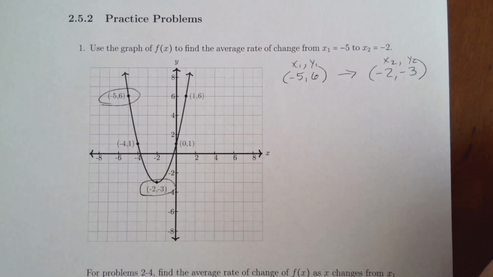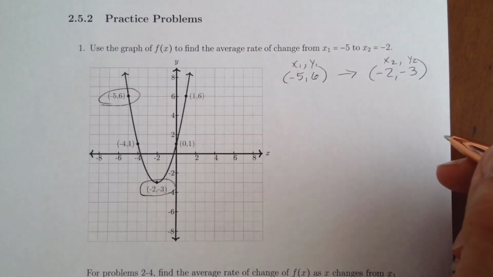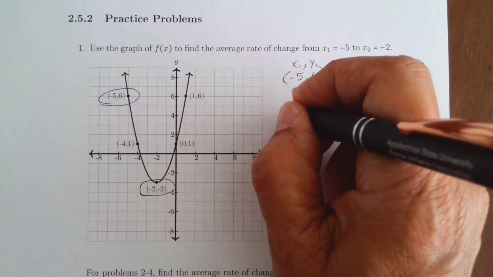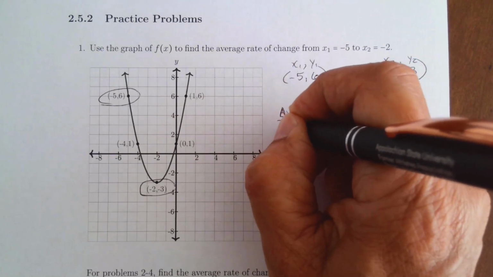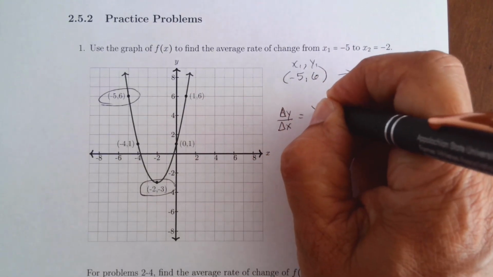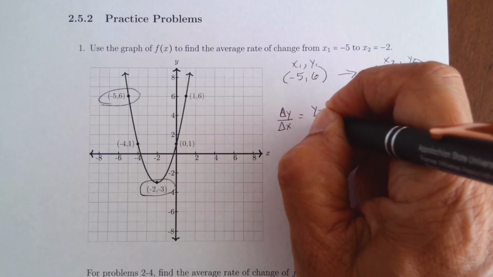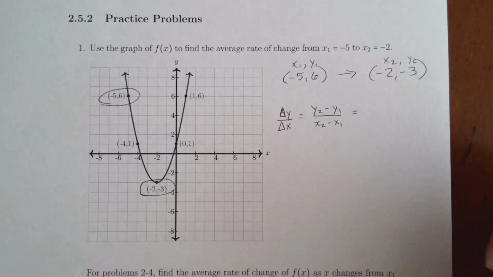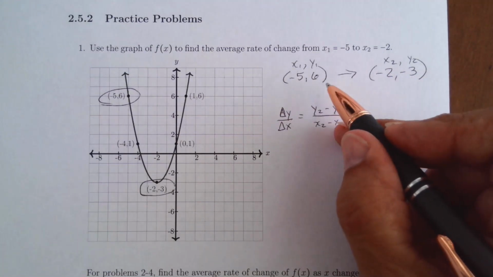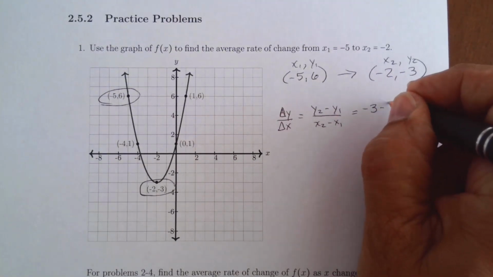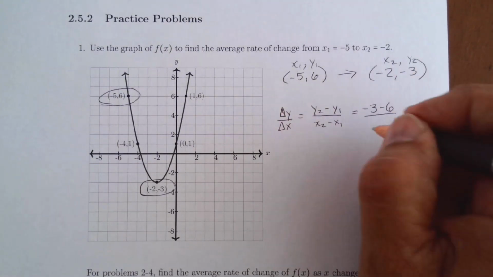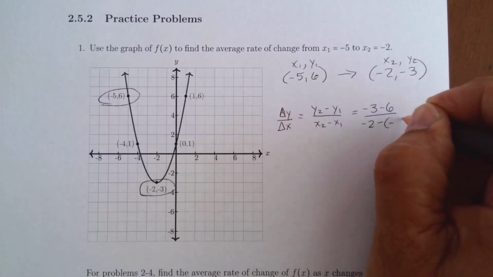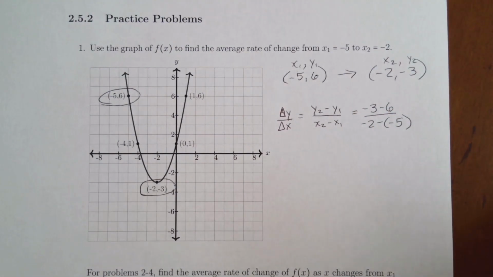All right, so to find the average rate of change, we're going to use the formula. We've got y2 minus y1 over x2 minus x1. So we're just going to work that out. We've got negative 3 minus 6 for the y's over negative 2 minus negative 5 for the x's.